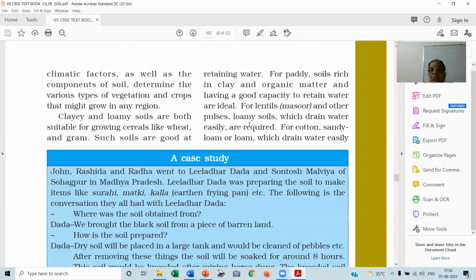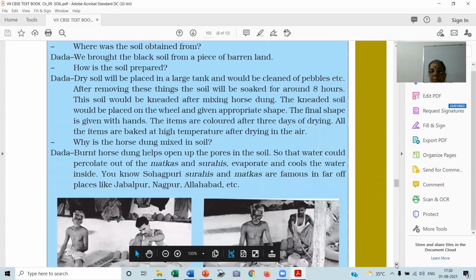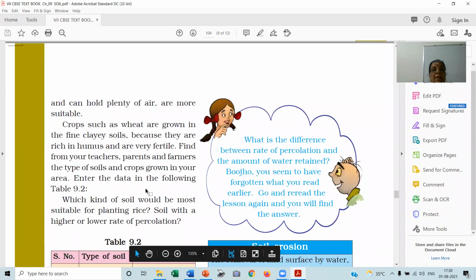And for masoor dal and other pulses, loamy soil which drains water easily is required. And for cotton, sandy loam or loam which drains water easily. Mark the paragraph for the 2 mark question, right? And can hold plenty of air, or more suitable.